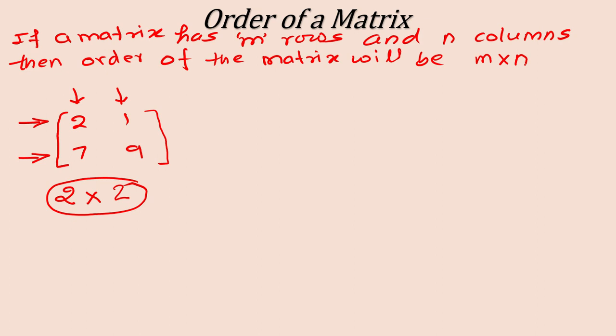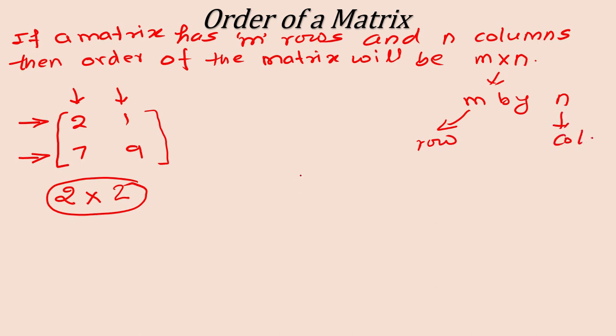You will write like this, but you will not read it as m multiply n or m into n. What you will read? You will read it as m by n. What is m here? M is the total number of rows and n is the total number of columns.